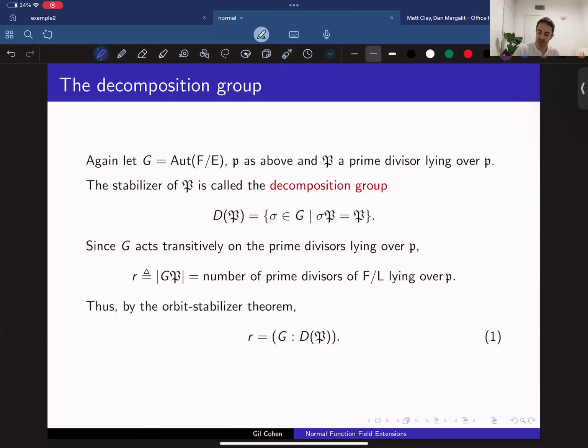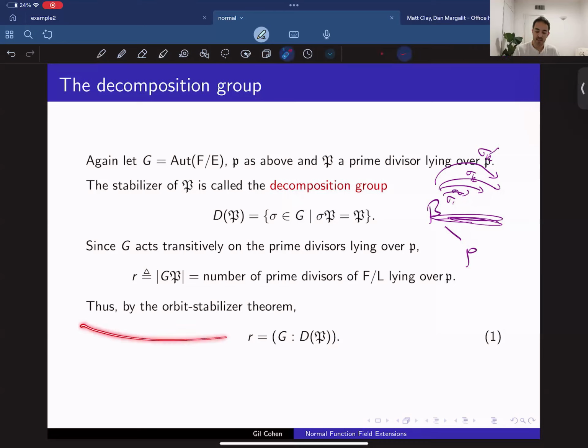Because if you have a little p and you consider some capital P above it, and you look at its orbit, you apply any sigma that you can, and get somewhere. Maybe using two sigmas you get to the same place, but you get somewhere. So the number of places that you get, because of the transitivity of the action, the orbit is precisely what we usually denote by R, the number of prime divisors lying above this little p.